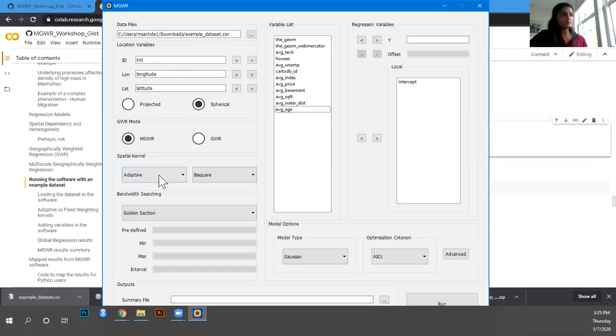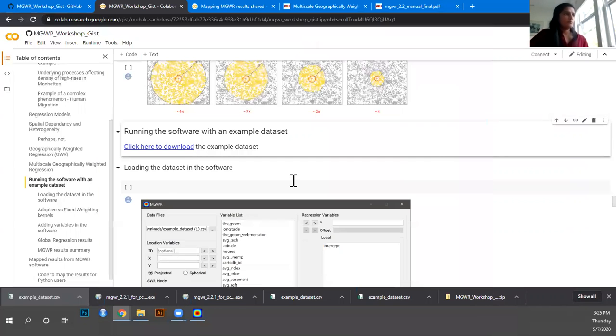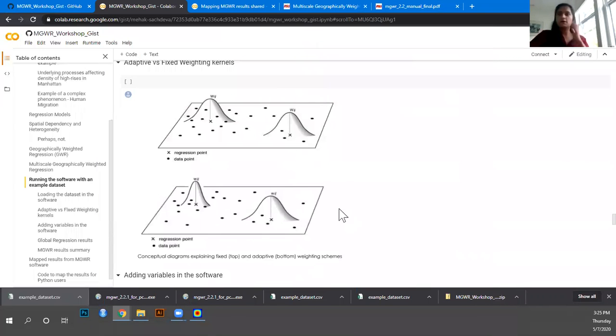Now, what are these kernels? They have an option of adaptive and fixed. Basically, it depends on your data, how your points are arranged in your study area. Adaptive takes a fixed number of data points, no matter how far they are.